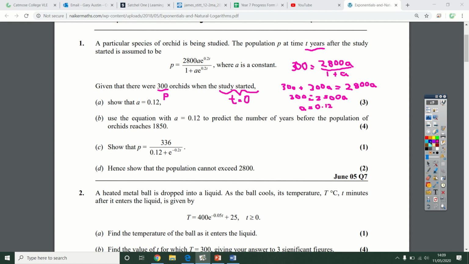Using the equation, this is part B, using that value of a, predict the number of years before the population of orchids reaches 1850. So this is now my value of P, and I'm after a value of t. So I can put a in now as well.